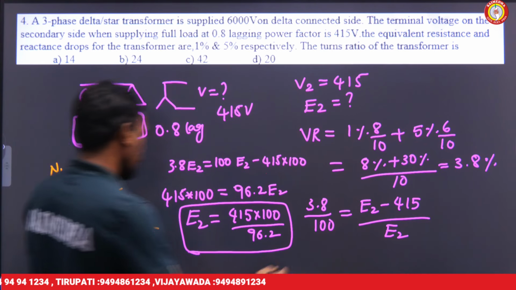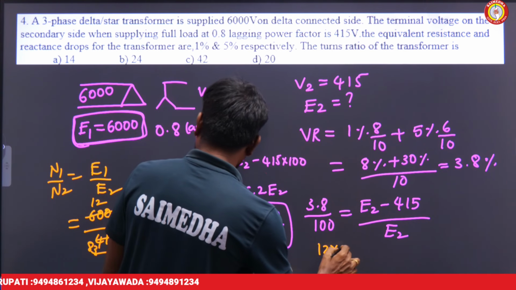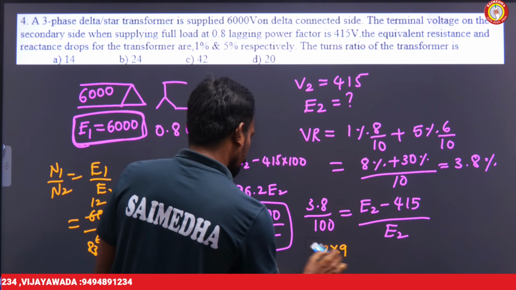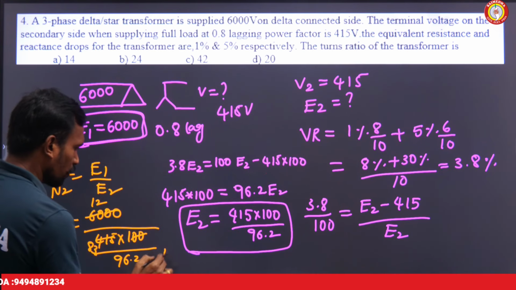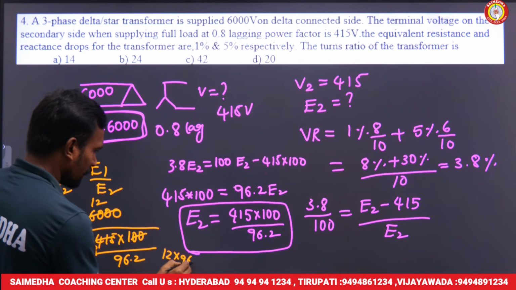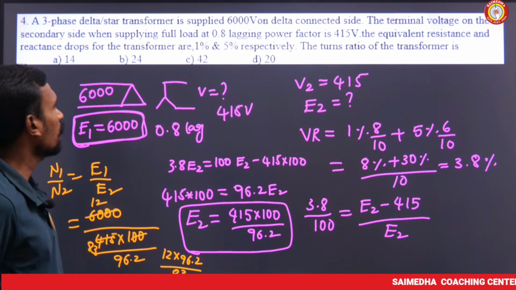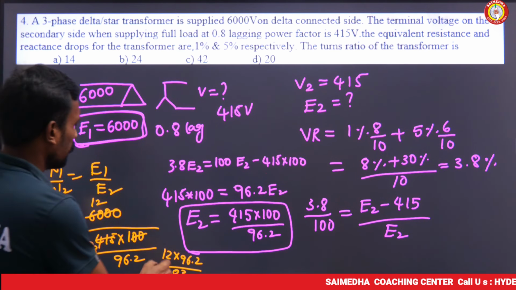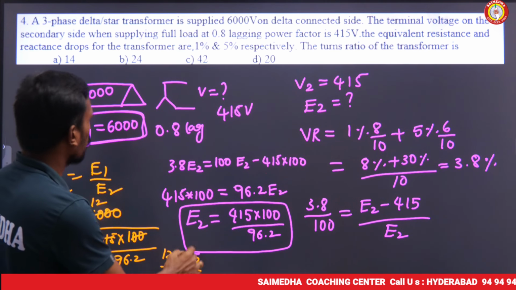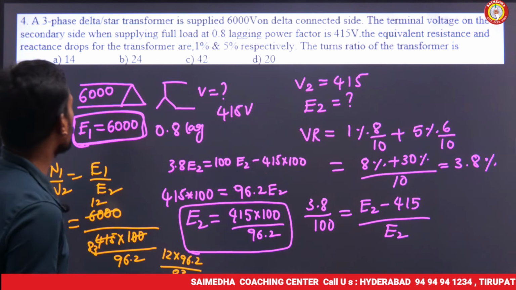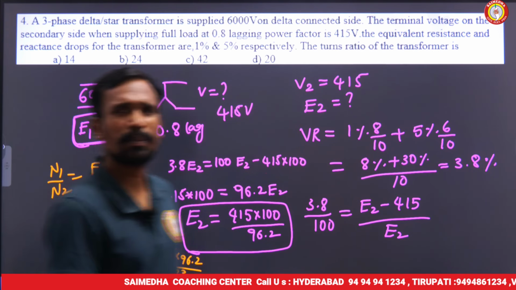So how much is it, sir? 12 into 96.2 divided by 83. What is the value? Around 14 may be the answer.